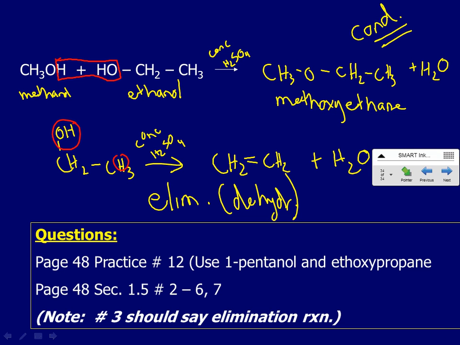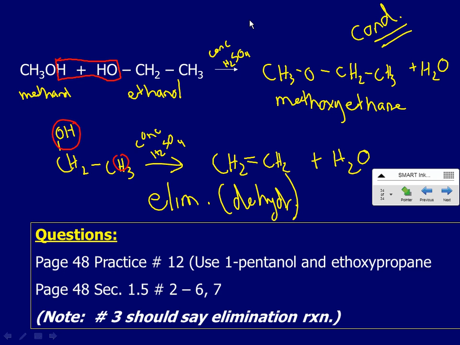So there are some homework questions that deal with ethers, but as you know, I'm going to continue on with the next functional group because that's really what this is all about. The next 2 functional groups are called aldehydes and ketones, all right?